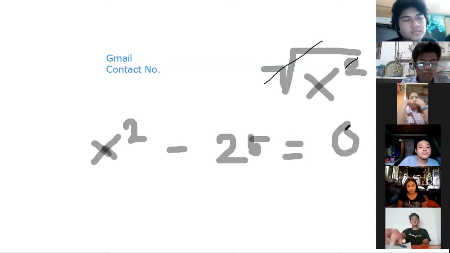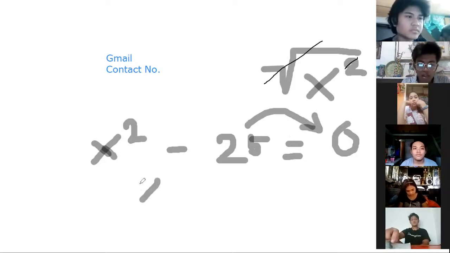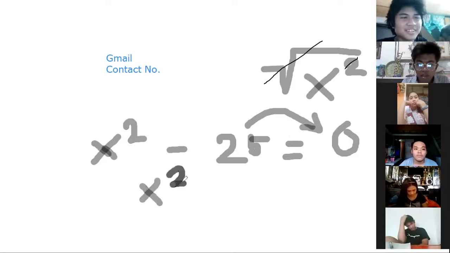William, sino yung ililipat natin? Negative 25 po. Very good. Ililipat natin si negative 25 dito. Matitira, isusulat muna natin, x squared equals, and then, dahil negative 25 siya, magiging ano yung sign niya, Sid?